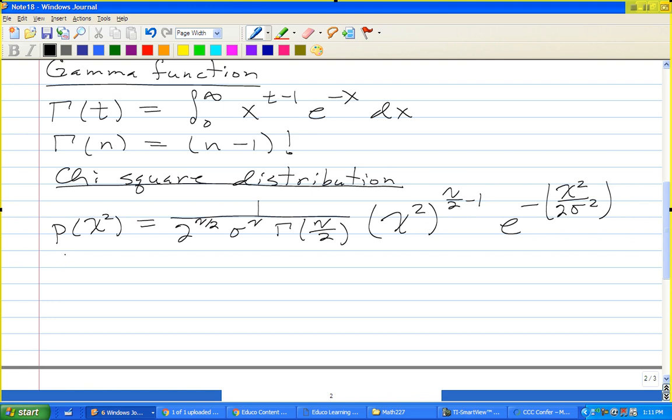The expected value, so note, the expected value of chi-squared is just nu. The variance for a chi-squared random variable is just 2 nu.